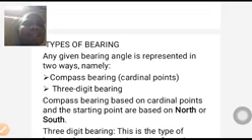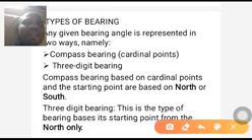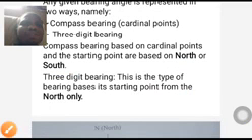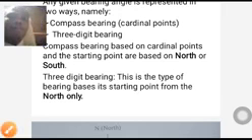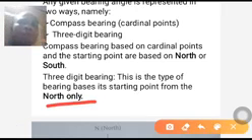So compass bearing is starting point on north and or south. Now, why the three-digit bearing? This is the type of bearing whose starting point is from north only.